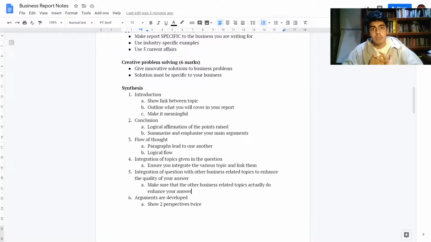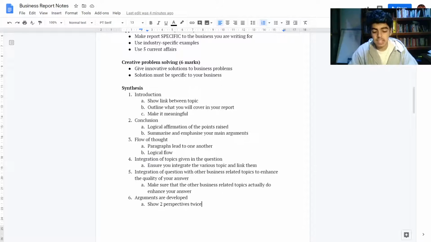So, for example, my friend and I always like to use creative problem solving that we learnt in grade 11, using problem reversal techniques and 5W and H techniques. Again, integrate it into your report, but you use another business-related topic not given in the question, and that's where you get that mark. Then arguments are developed, so you need to show 2 perspectives twice. Do it twice because you may not see it, or the marker may not see it clearly the first time you do it.